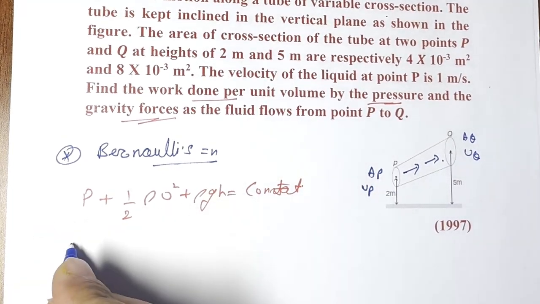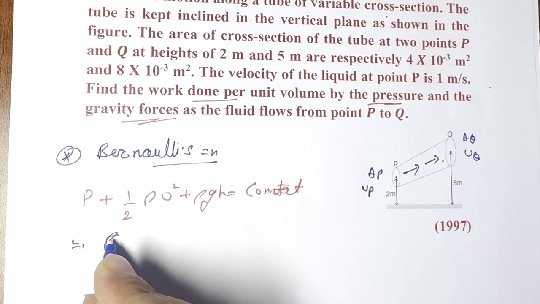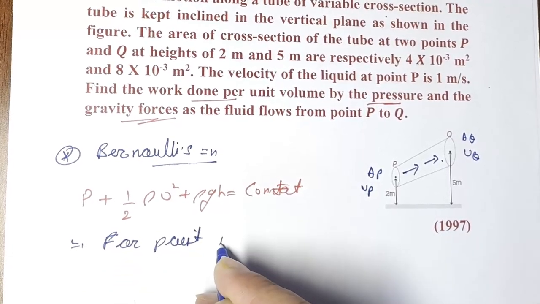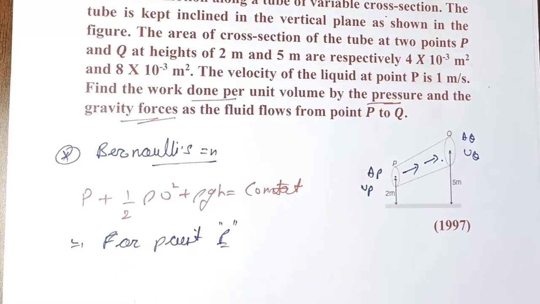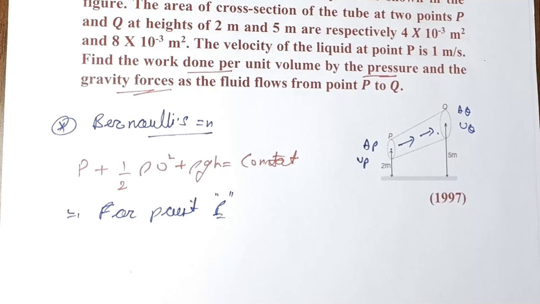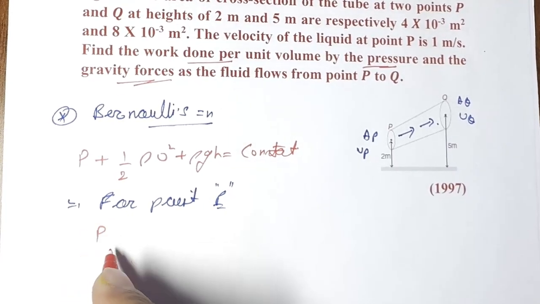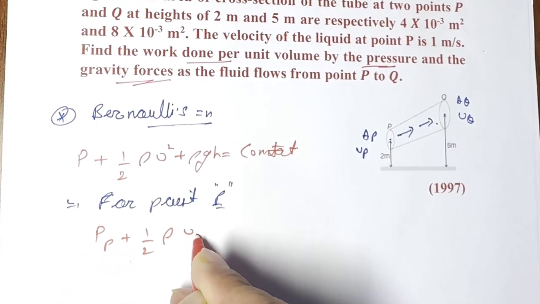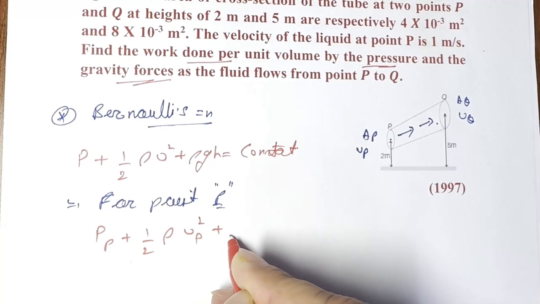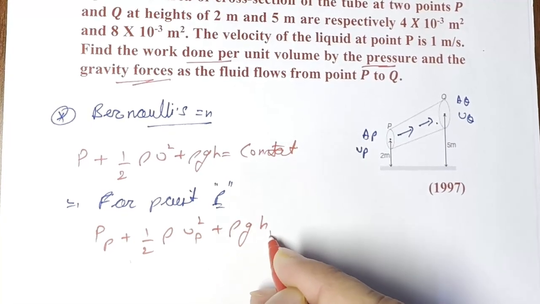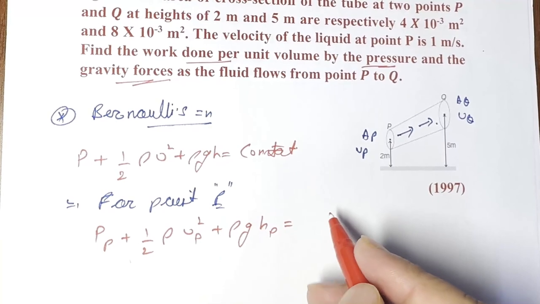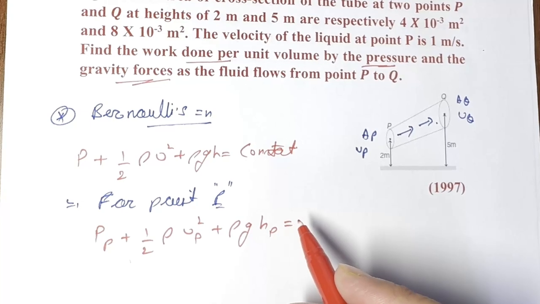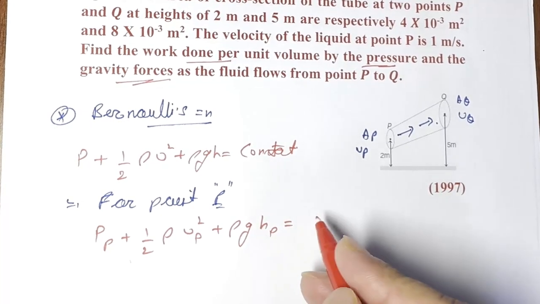So for point P, you can write this as pressure at point P plus half rho velocity at point P square plus rho g, and height of point P will be equal to the constant.